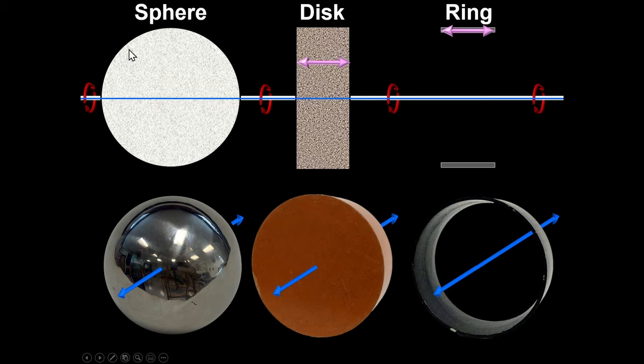But for the sphere, it's really wide right along its axis of rotation, so there's a lot of mass right along the axis. And the further you go out, the less mass there is. So on average, it's not going to be right there in the middle because this had an even distribution. This had more mass along the axis and less mass out. So on average, the mass is going to be a little closer in.